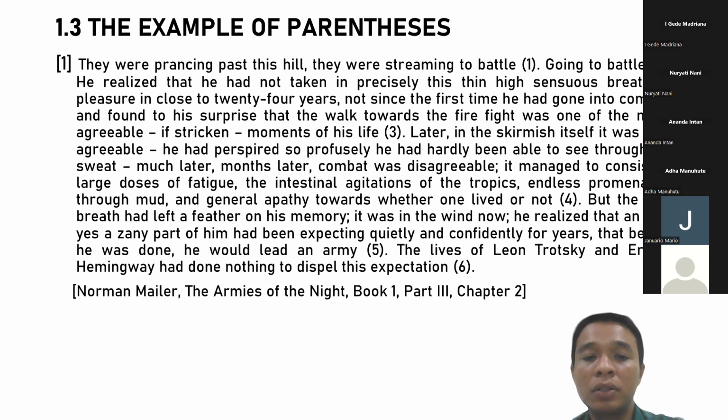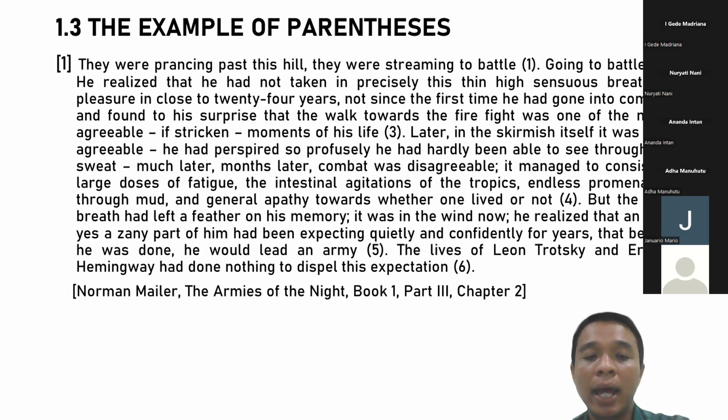It managed to consist of large doses of fatigue, the intense final agitations of the tropics, endless promenades through mud, and general apathy towards whether one lived or not.